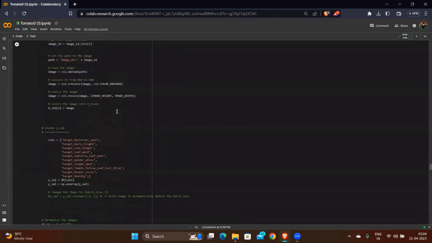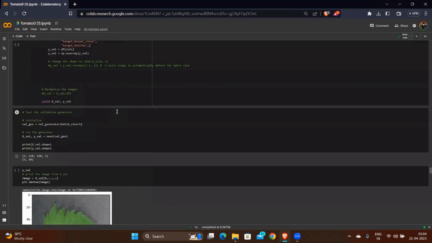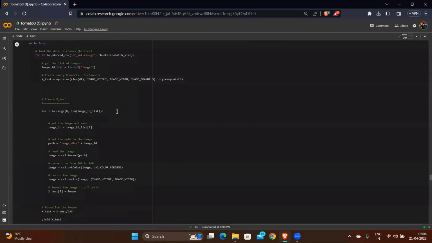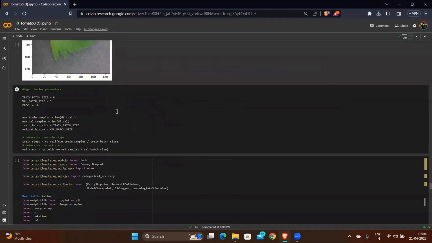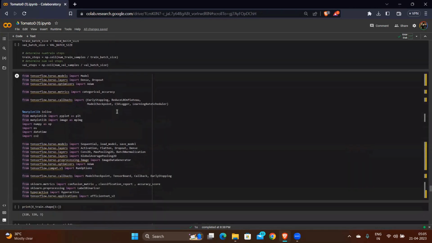And this is for the validation generator. And this is where we have applied a model showing that we have used EfficientNet V2 and these different layers for a model, and these different callback values and different metrics and the Adam optimizer.